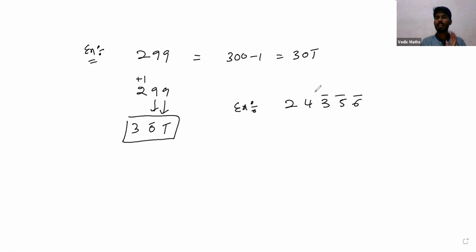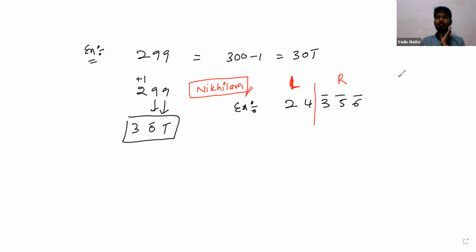Sometimes the question is given like this. Sometimes if you see Nikilam multiplication, in the condition, sometimes what happens in the right hand part, suppose this is the left side part and this is the right side part, let us assume.